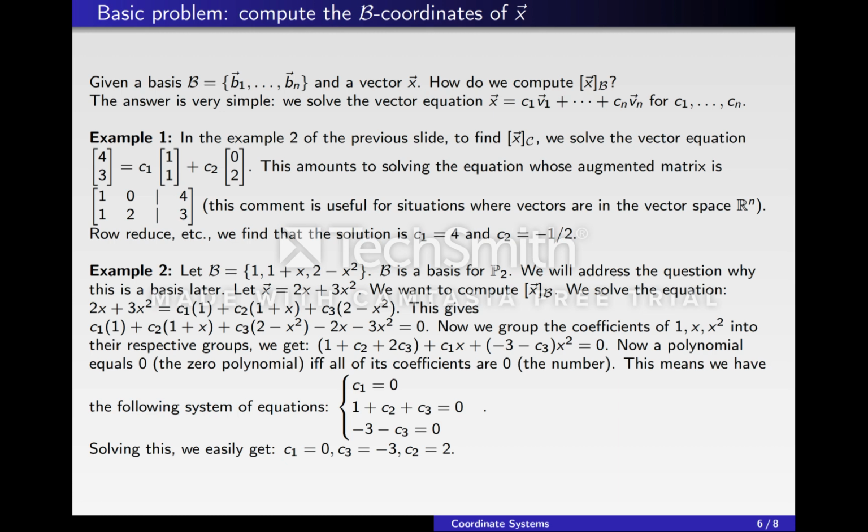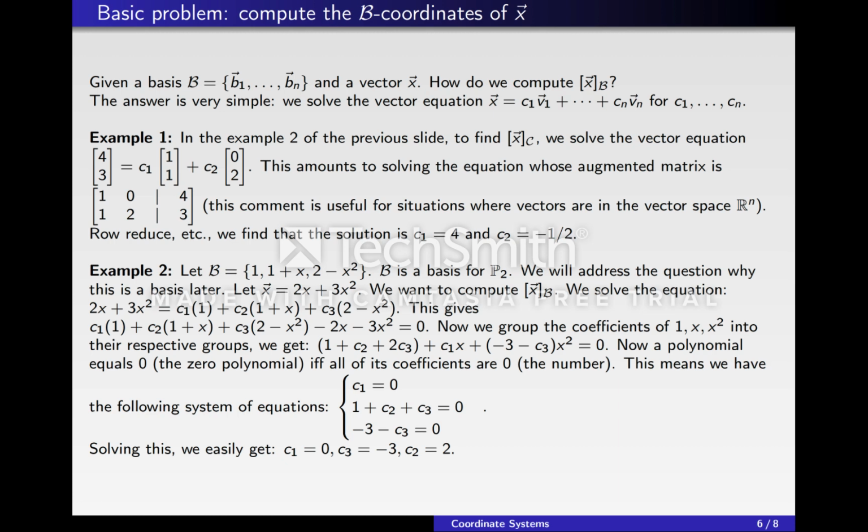So we have the following system of equations. Notice that c2 minus 2 is the coefficient that goes with x, so that has to be 0. The coefficient c1 plus c2 plus 2c3 also has to be 0, and so does minus 3 minus c3.